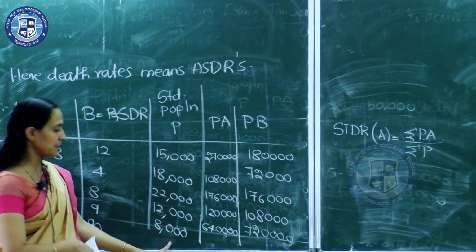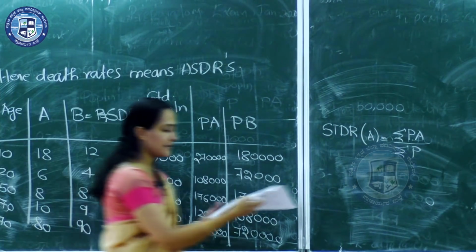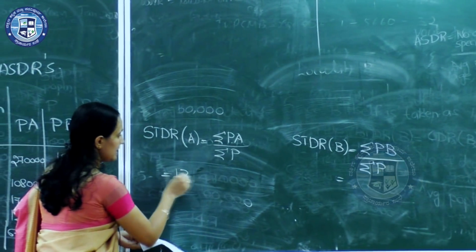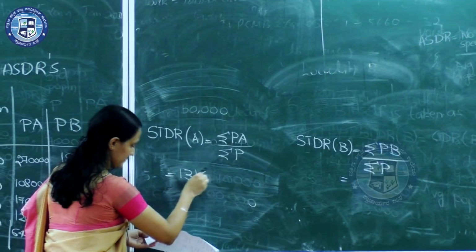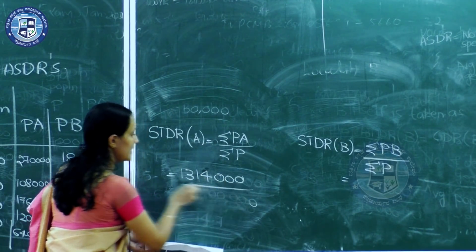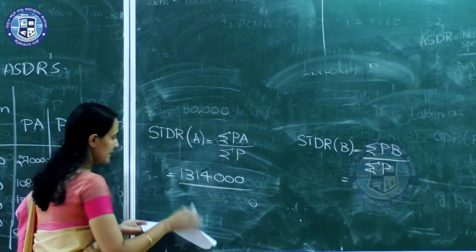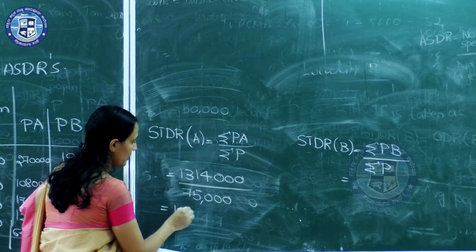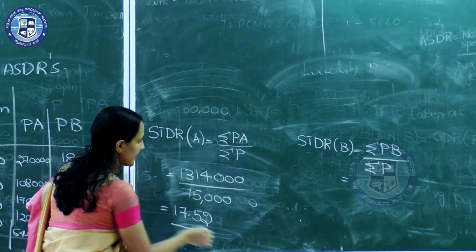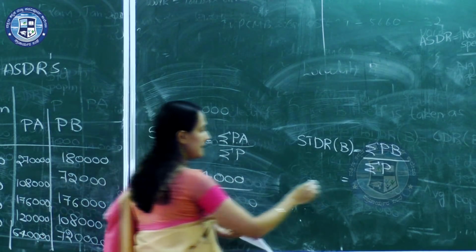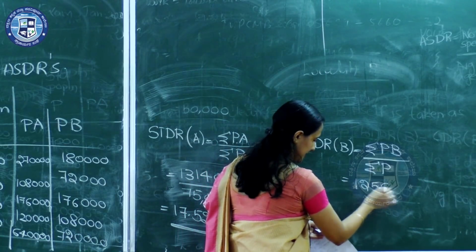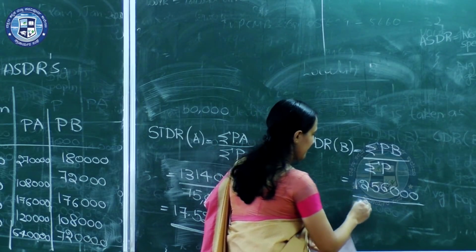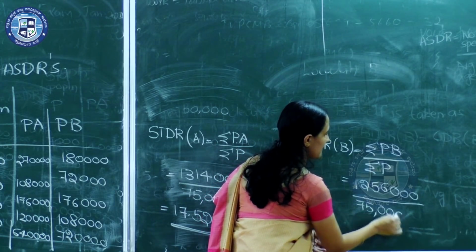P means the standard population total. First one is 1,314,000 divided by sigma P, which is 75,000. The answer is 17.52. For the second one, sigma PB is 1,256,000 divided by 75,000.